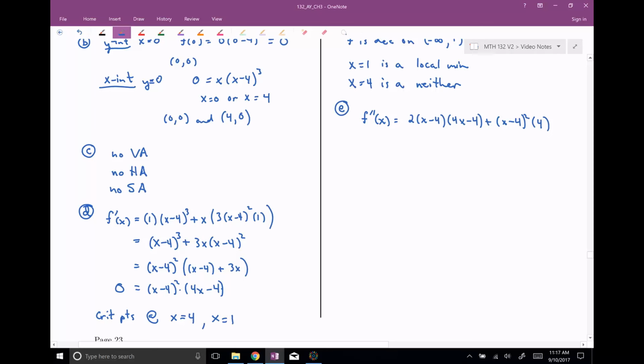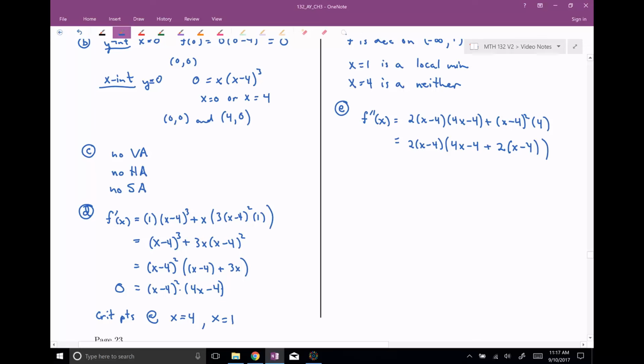So maybe I want to go ahead and factor this thing as much as possible. I may notice that both of these terms have a 2 and an x minus 4. So if I factor out a 2 and an x minus 4, from my first term, I'm going to have 4x minus 4 left over. And if I factor out a 2 and one of the x minus 4s, I'm going to have a 2 left over in this term, and then I'm going to have 1 x minus 4 left over as well.